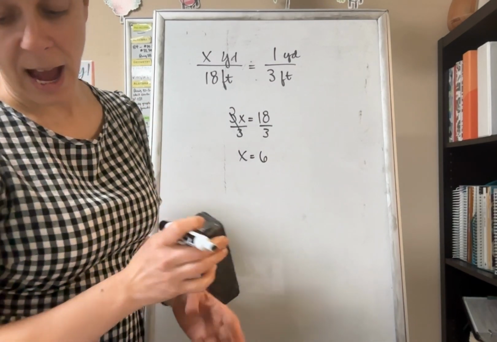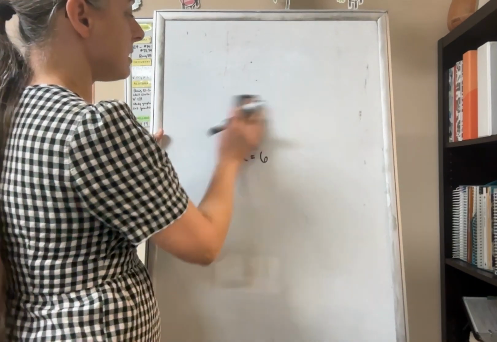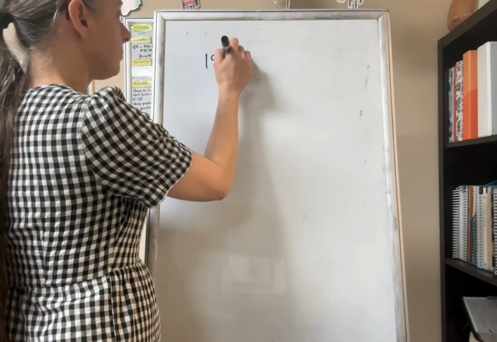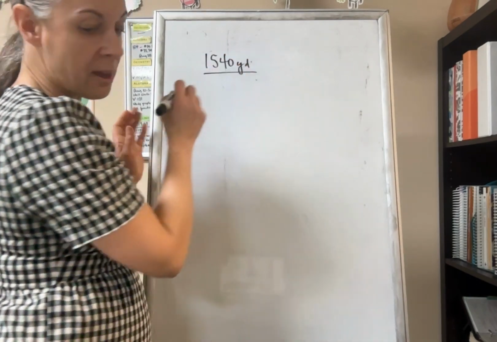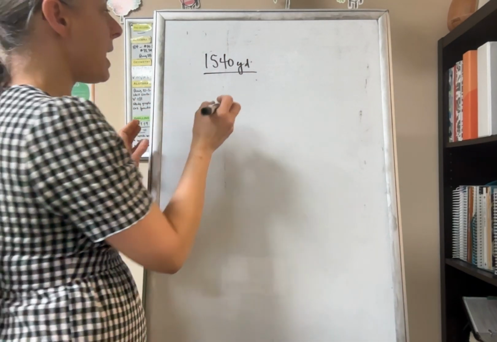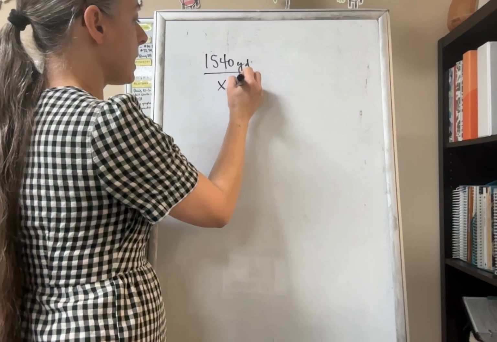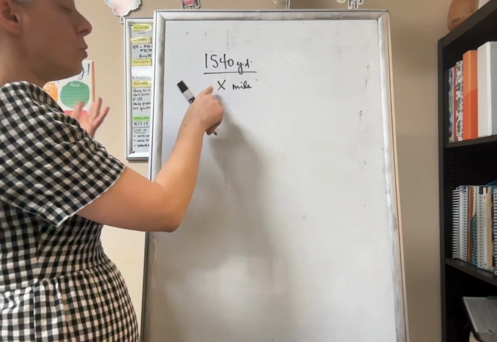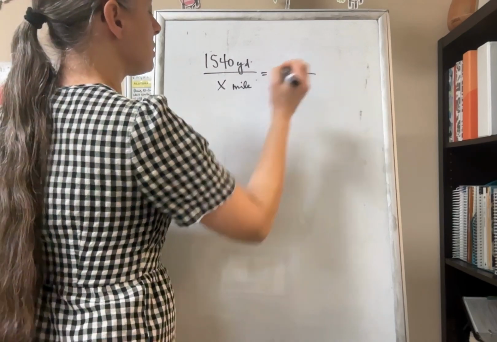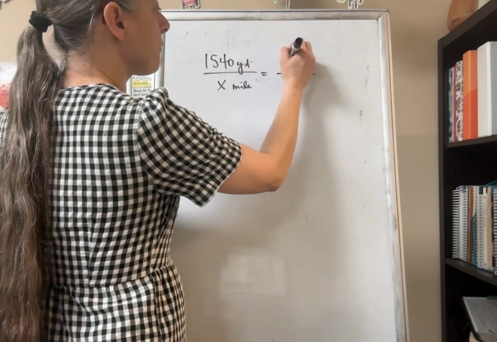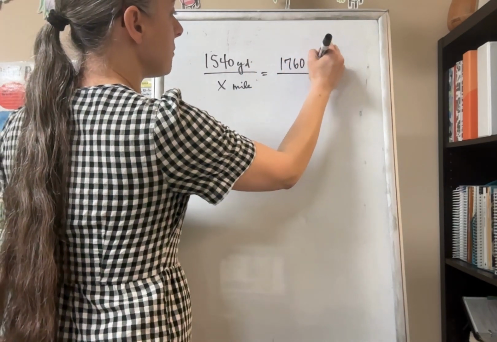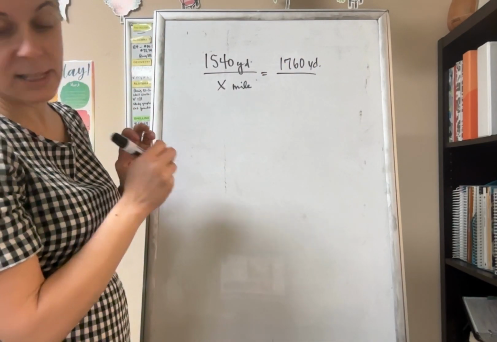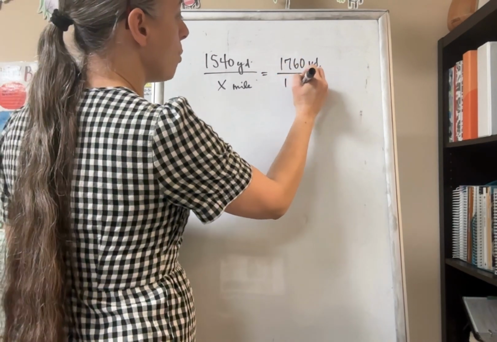Example 1b, Alex ran 1,540 yards. Find the part of a mile that Alex ran. So 1,540 yards is equal to, I'm not sure, how much of a mile? Well, I know from the box on the first page of my lesson that 1,760 yards equal 1 mile.